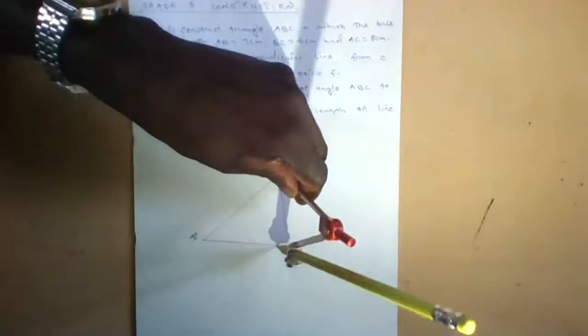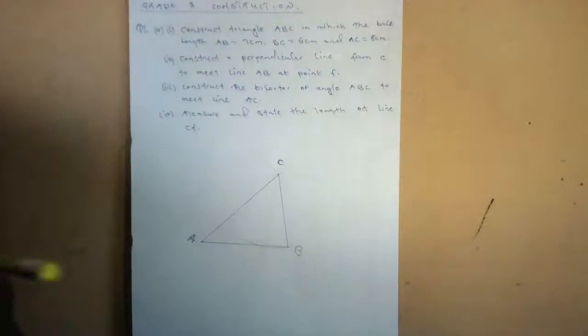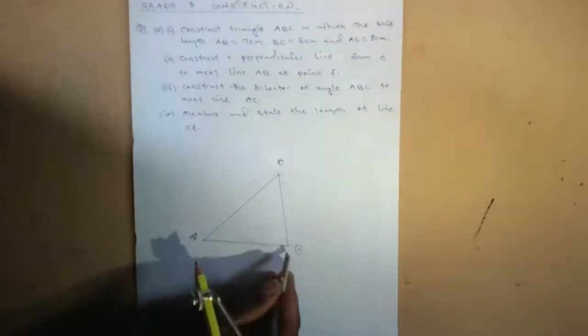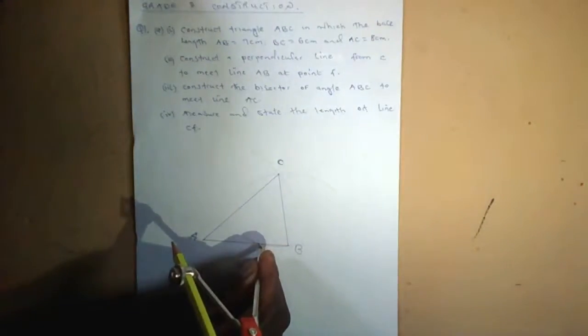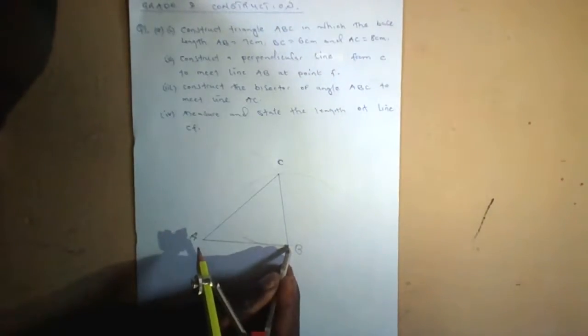I'll stand here and then I'll open it up a little bit up to that point so that once I draw an arc like that, it is going to cross this line twice. Okay, and once that is done, you have to take note of the points where this arc has crossed this line twice. According to my judgment here, we have this point here and that point. So this arc that is drawn has crossed line AB at that point and that point.